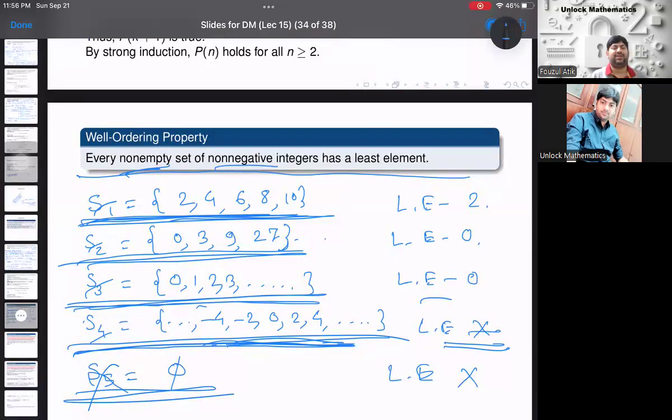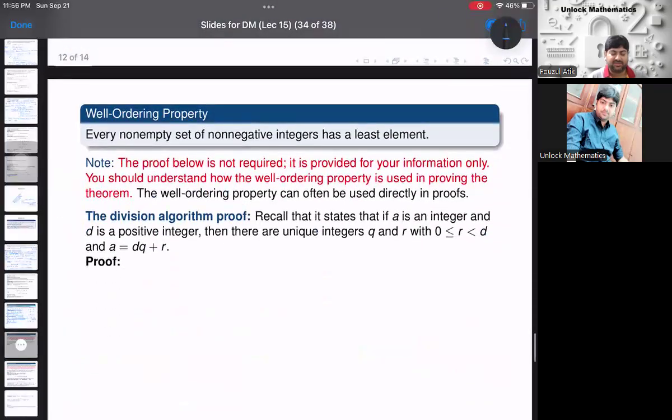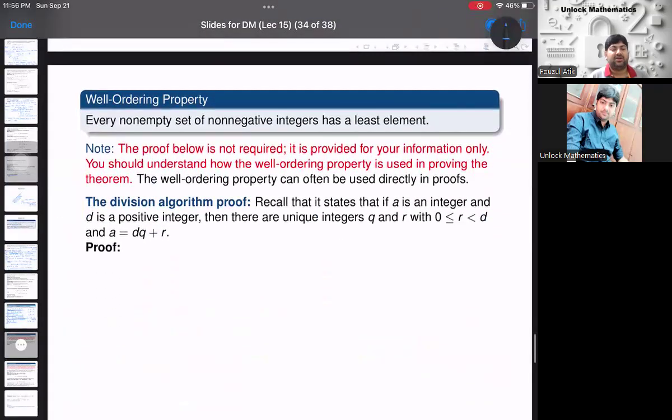Because this well ordering property is there in the syllabus, and only the statement is required, I hope you understand the statement. The significance of this theorem is that you can prove the division algorithm, which we'll discuss in our elementary number theory portion, using this well ordering property.